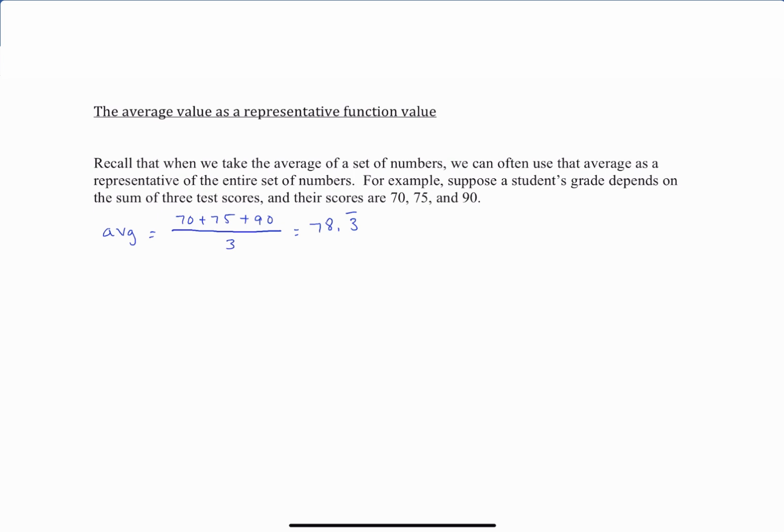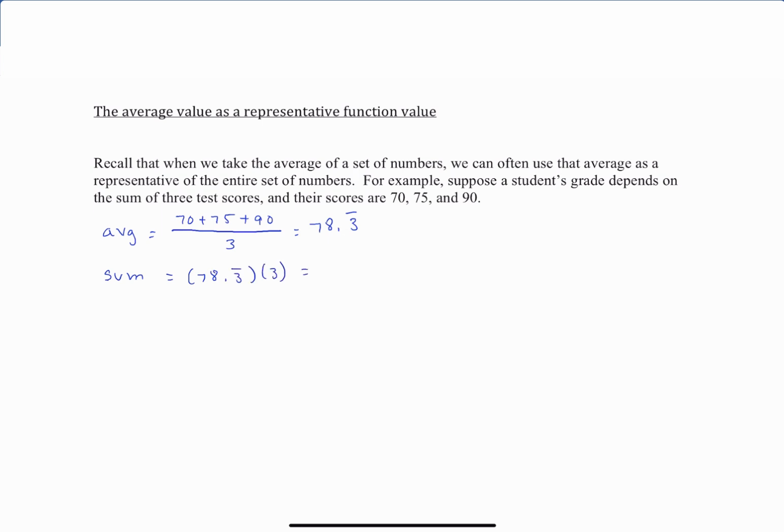What do I mean by taking this as a representative score? One way to look at that would be to say the sum of the 3 scores you can get by just taking that average representative score and multiplying it by 3.